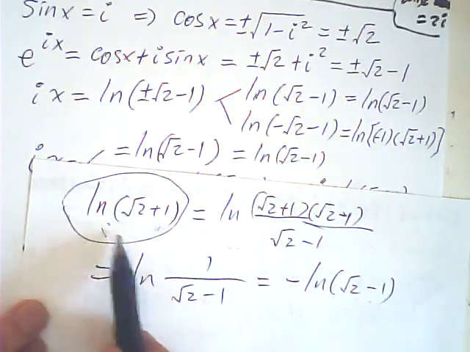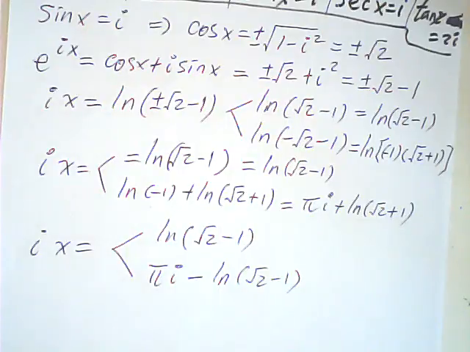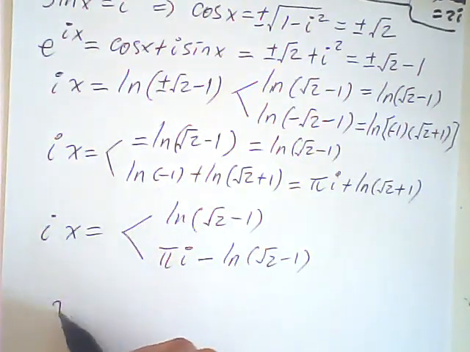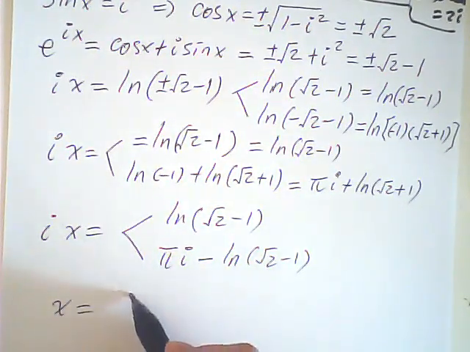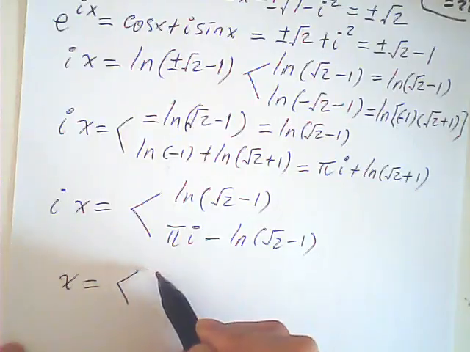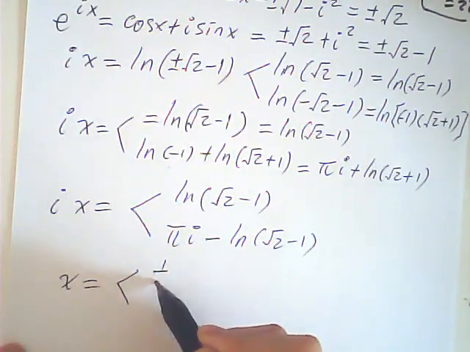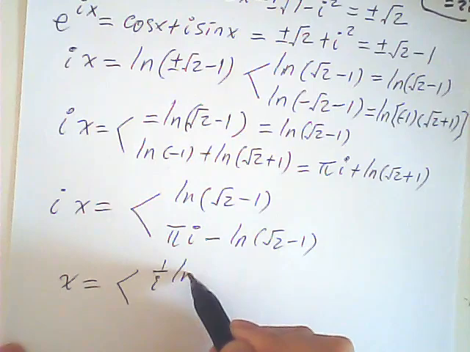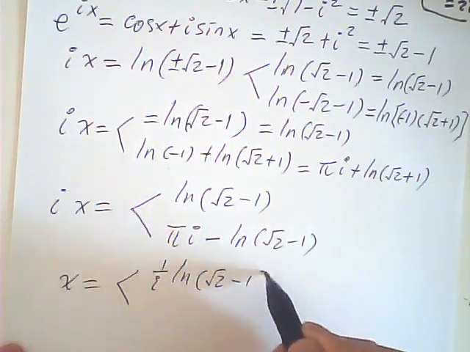Yeah, this is equal to this. Therefore, x equal to this times log root 2 minus 1.